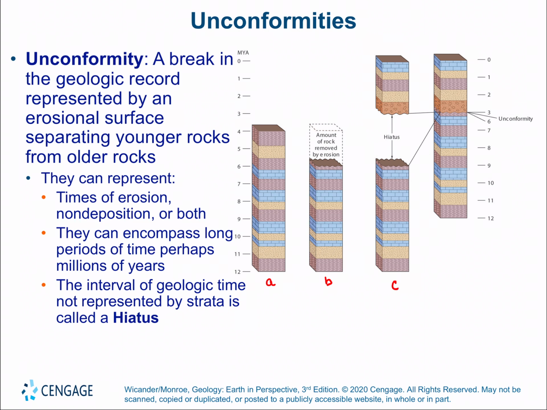In C, a hiatus of 3 million years exists between the oldest strata and the strata that formed during the renewed episode of deposition that began about 3 million years ago. Picture D shows the actual stratigraphic record as seen in the outcrop today. The unconformity is the surface that separates the strata, and it represents that major break in geologic time.